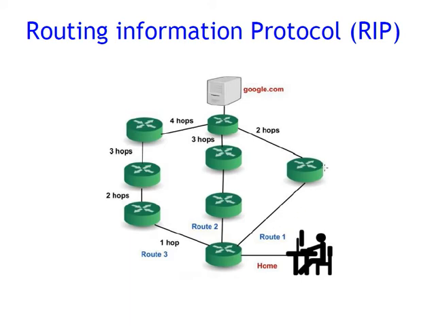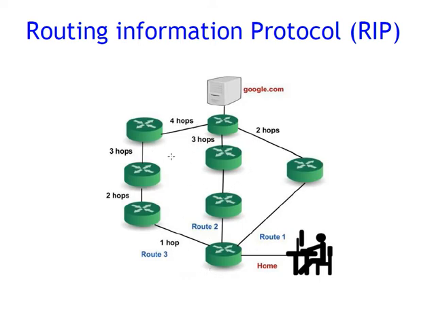One is route 1 going through one router, another route 2 passing through 3 routers, another route 3 passing through 3 routers, but having different hops: 1 hop, 2 hop, 3 hops, 1, 2 and 3, and here 1 hop, 2 hop, 3 hop and 4 hop, like that. So here you find more hops here and a lesser number of hops there.